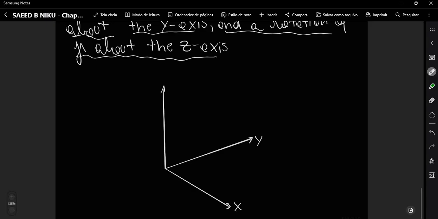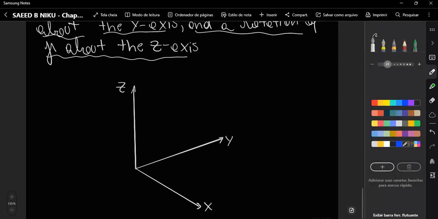X, Y, and Z. And we have a vector. And on the end of this vector, we have another reference frame.